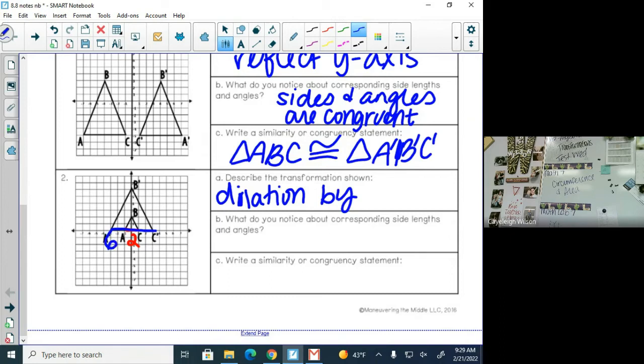So I take the ratio of the new one, which is 6, to the old one, which is 2, and 6 over 2 is 3. So it's a dilation by 3, by a scale factor of 3, which makes sense because it got larger, and we talked about how scale factors, if it's over 1, it makes it larger, less than 1, smaller.